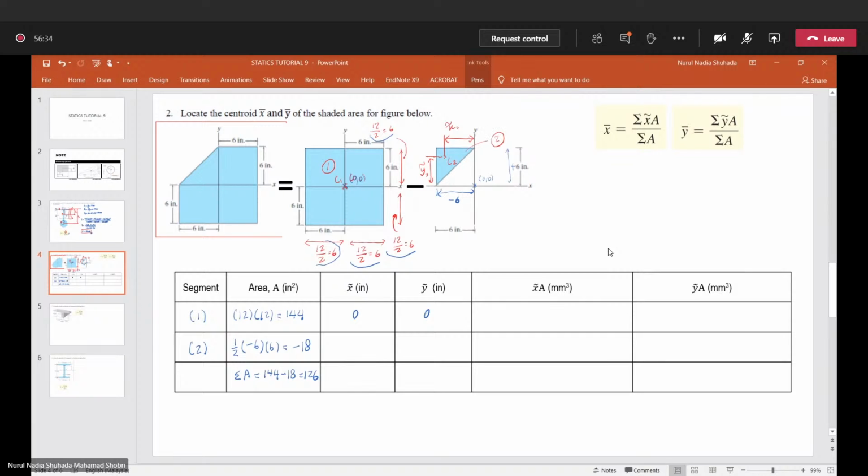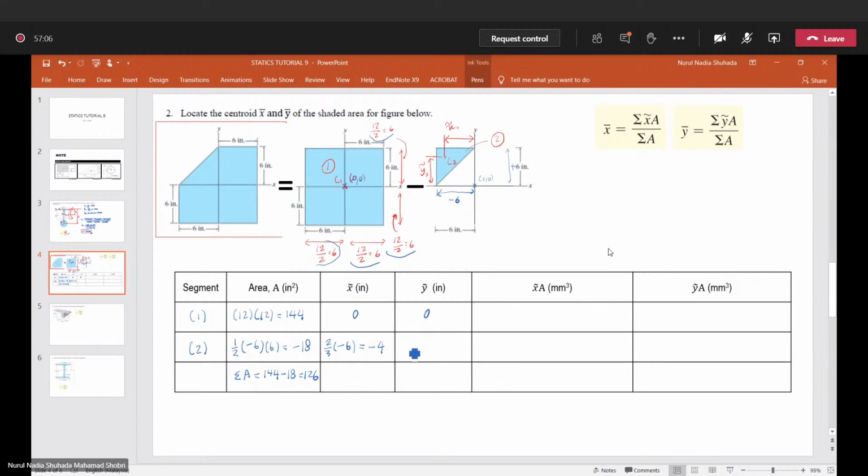And for the triangle, segment 2, it will be 2/3 times the total length of the x, which is -6, and that will equal to -4.